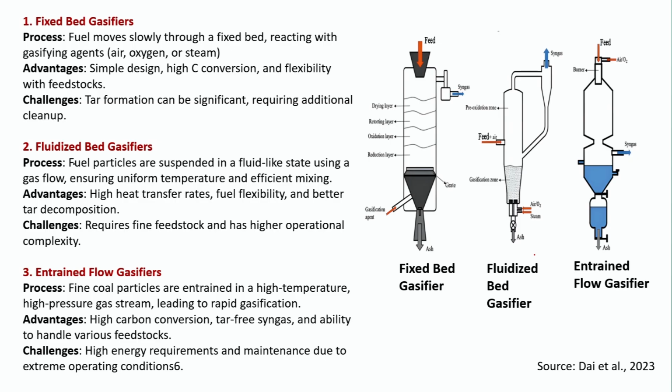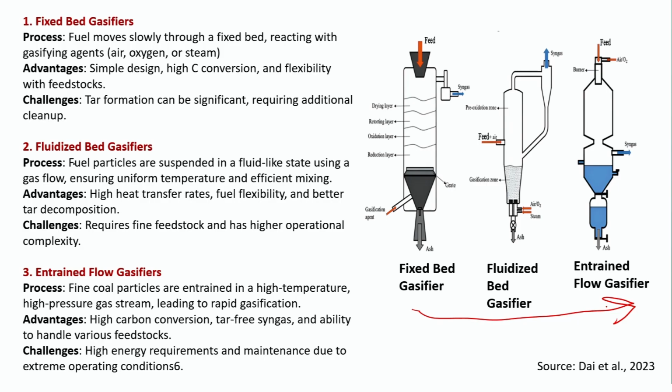In the case of the entrained flow gasifier, fine coal particles are entrained in a high temperature, high pressure gas stream, leading to rapid gasification. From this to this, as I was mentioning, temperature is very important. Maybe initially from 600 to 800, we will be reaching towards 1200, 1400 or 1800 degrees Celsius.